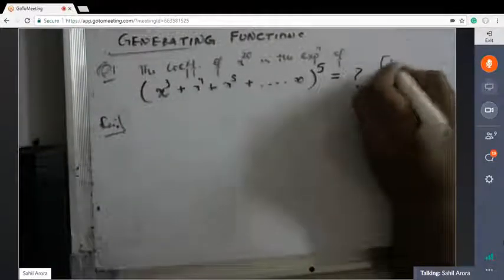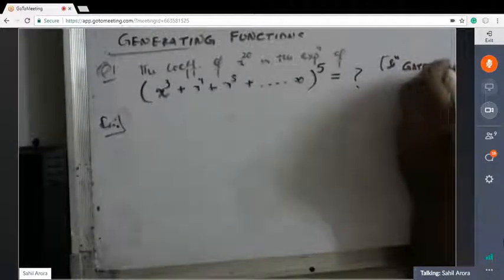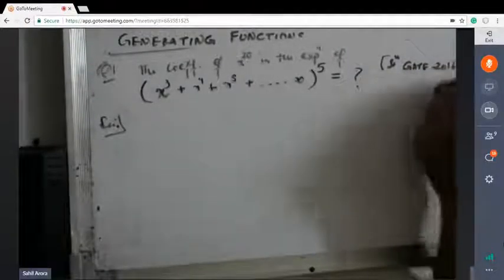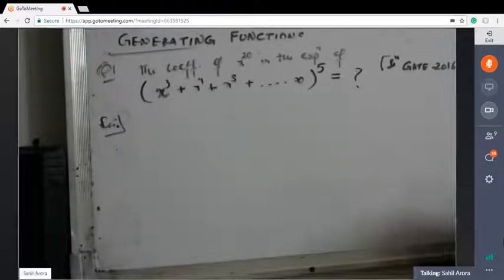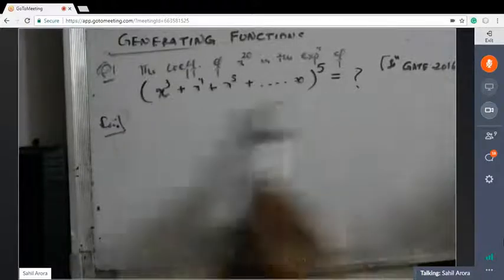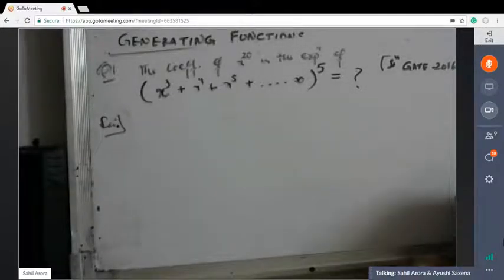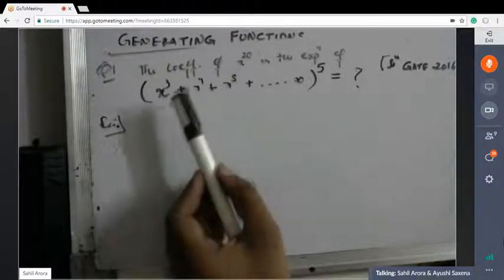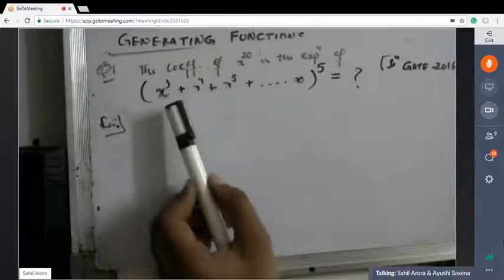A similar question has been asked directly in GATE, I think the 2016 exam. I think in session number 2 I told you how to solve these kinds of questions in less than 10 seconds. We can pick up x to the power 3 as common, then x to the power 15 will come out.